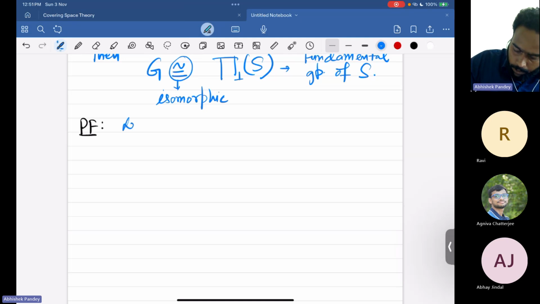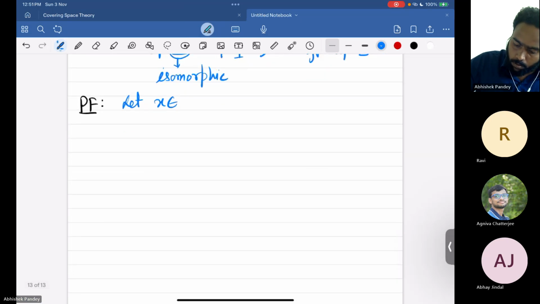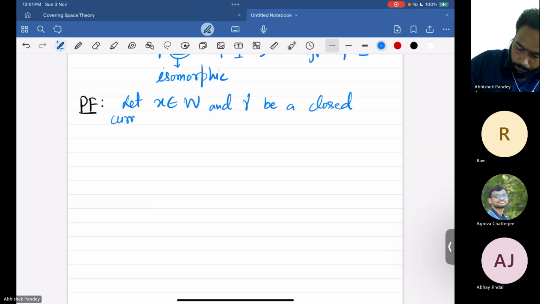I will write this one. So basically, let x belong to W and gamma be a closed curve in S, with P of x equal to a. Okay.